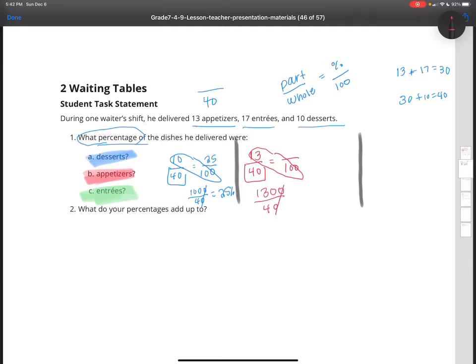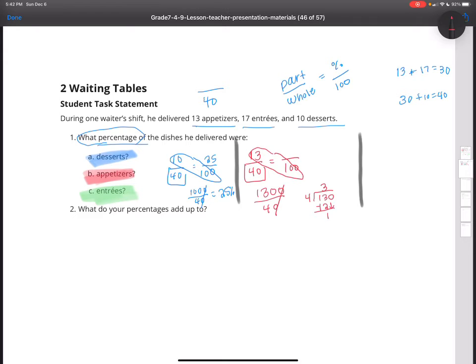I'm going to scratch out the zeros, and then I'm going to have 130 divided by 4. You ask yourself, how many times can 4 go into 13 without going over? 4 can go into 13 3 times, which is 12.